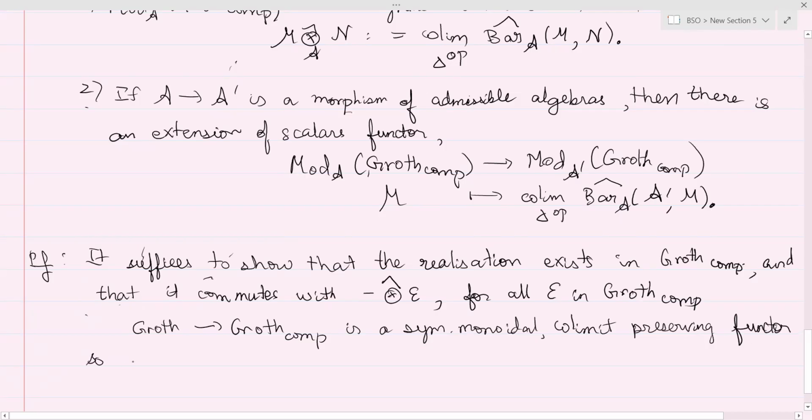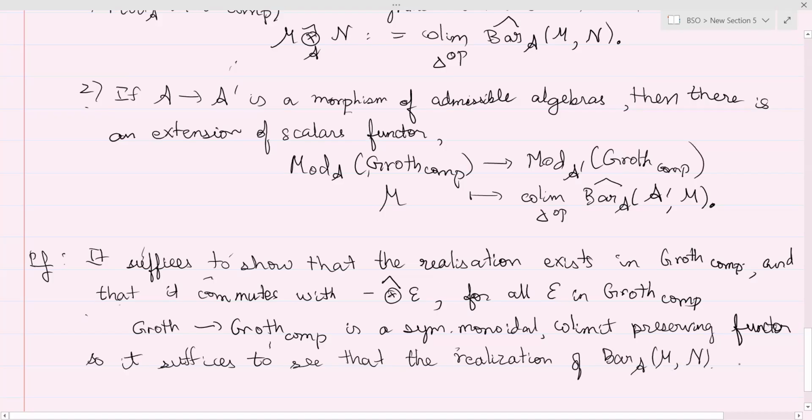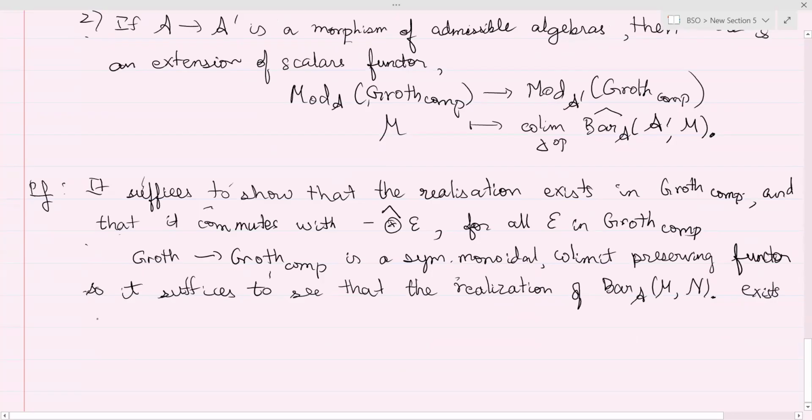So it suffices to say that the realization of the bar complex in Groth exists, and that it commutes with this sort of functor for all C.